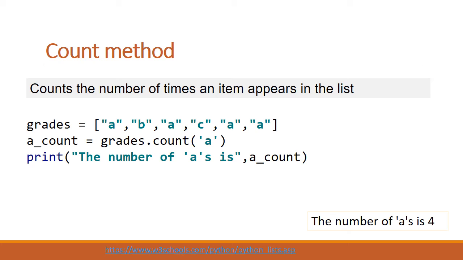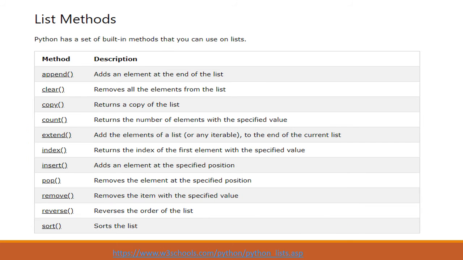This method will return the number of A's in the list, and in this example, you can see that it prints out the number of A's is 4. This table displays the list methods that are available along with a brief description.